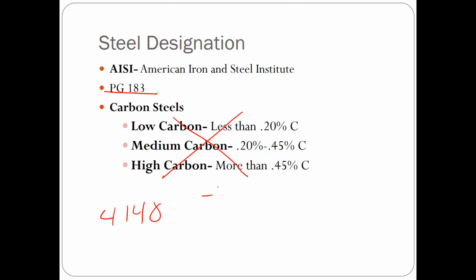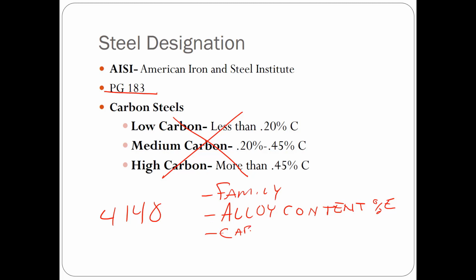I'm going to ask you the class or family, and I'm going to ask you alloy content, which is going to be percent of each element, which is listed on page 183 in your book, and then I'm going to ask you carbon content. And that'll be a percentage also, right?